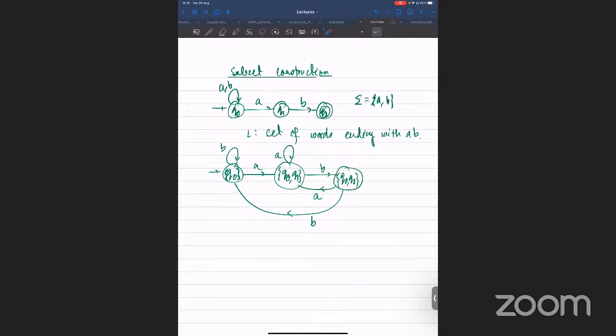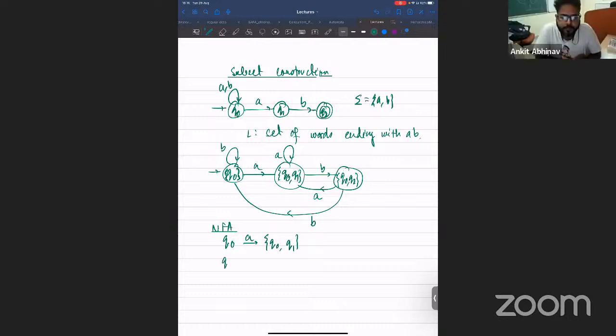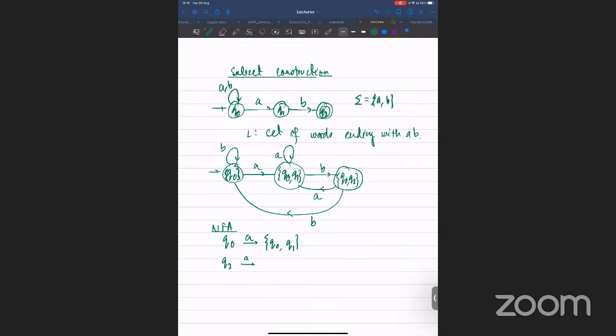Okay. So for example, here on Q0 in this NFA, if you look at this NFA, from Q0 upon A, where all you can go? Q0, Q1. And from Q2, this A transition is not defined.